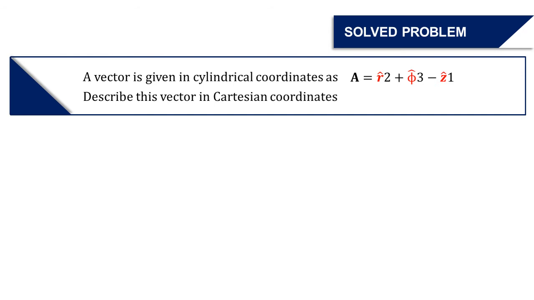So in this particular problem, a vector is given in the cylindrical coordinates as A is equal to r hat 2 plus phi hat 3 minus z hat 1. We are to describe this vector in Cartesian coordinates.